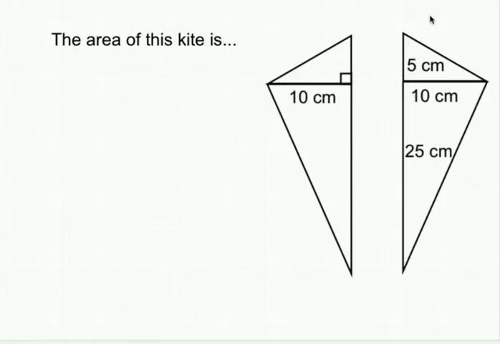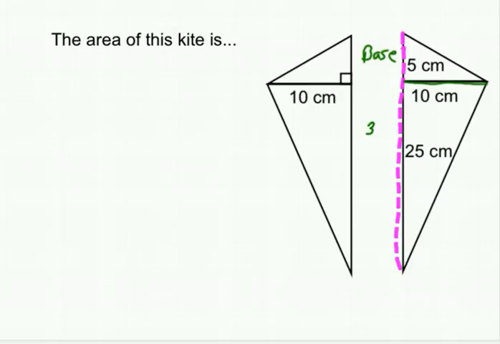Well, naturally, in this situation, the best way to look at our triangles and their base and height would be to identify this distance all the way down here as the base, and to identify this distance as the height. Okay? So if we do that, our base is going to be 5 plus 25.